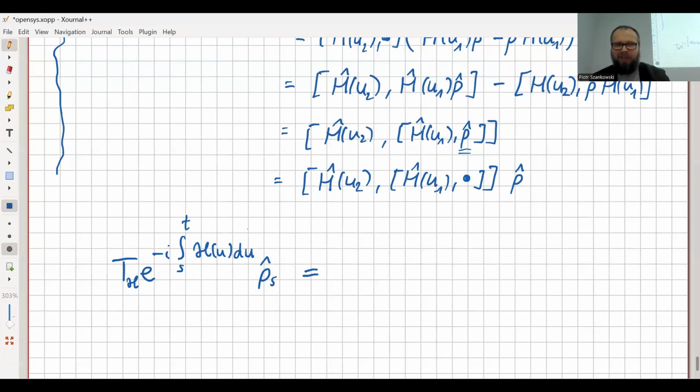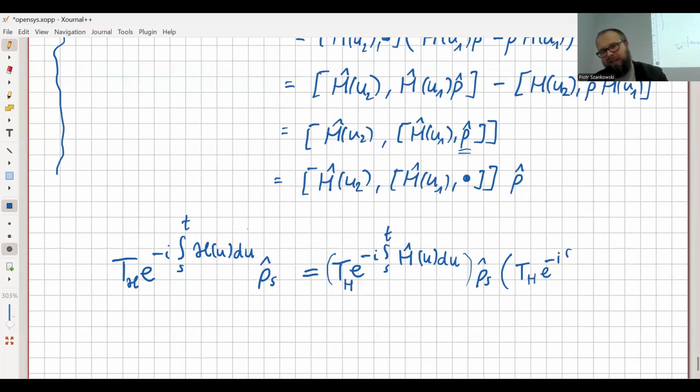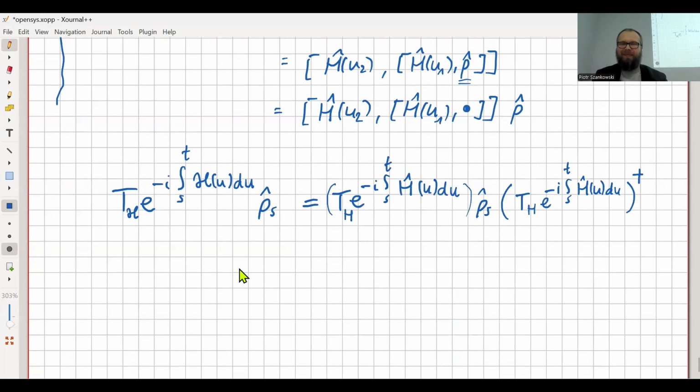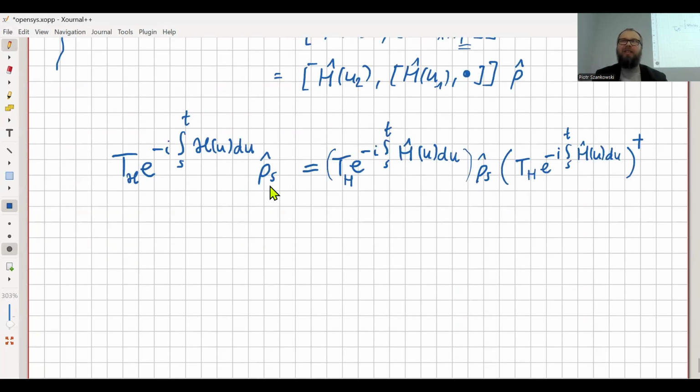Let's be explicit here. The time-ordered exponential of H acting on rho_s equals the evolution operator U_{ts} rho_s U_{ts} dagger. And this is true for any rho_s, any initial rho. So this is a superoperator identity, actually.